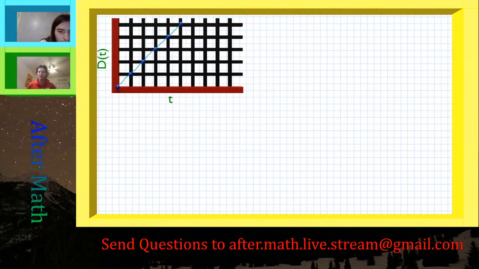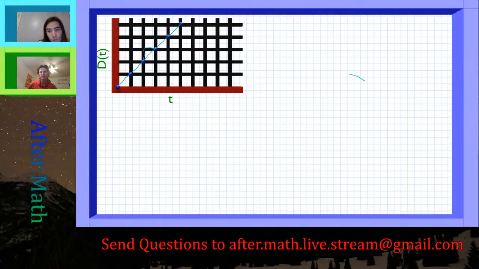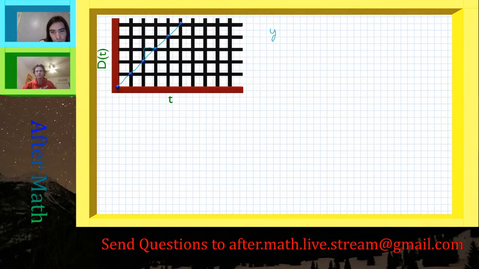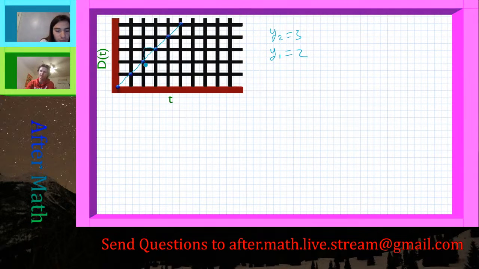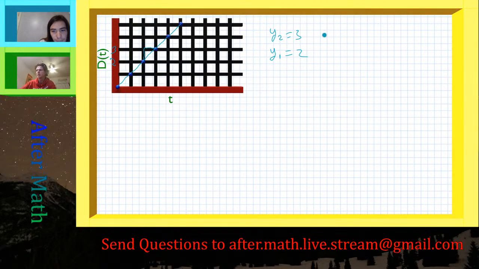And so we do that by finding our rise over run. So we could go ahead and say that at some random point here, y2 is equal to 3 and y1 is equal to 2, right? So this is 2 and this is 3. And so we can go ahead and say that it's going to be 3 minus 2.